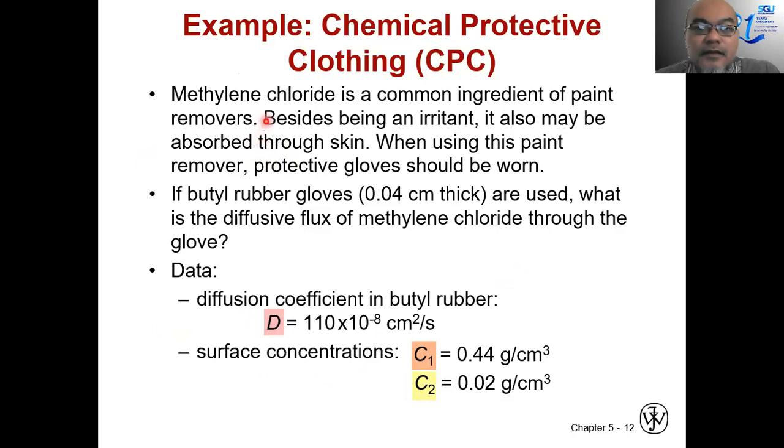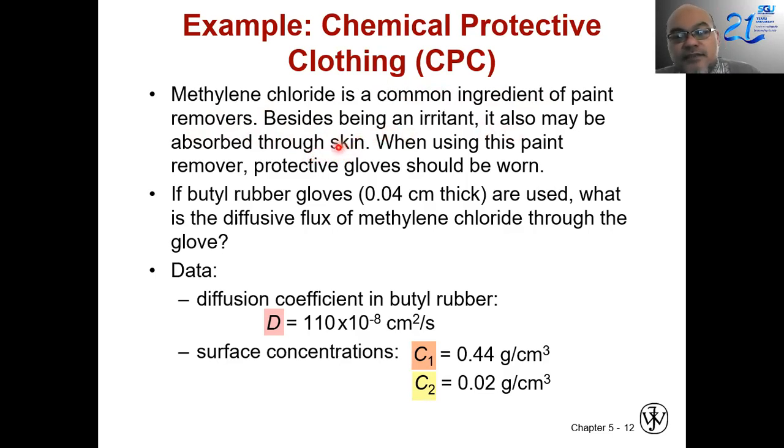For example, in the production of chemical protective clothing, for APD, alat pelindung diri, personal protective equipment in English. Methylene chloride is a common ingredient of paint removers. Besides being an irritant, it may also be absorbed through skin.